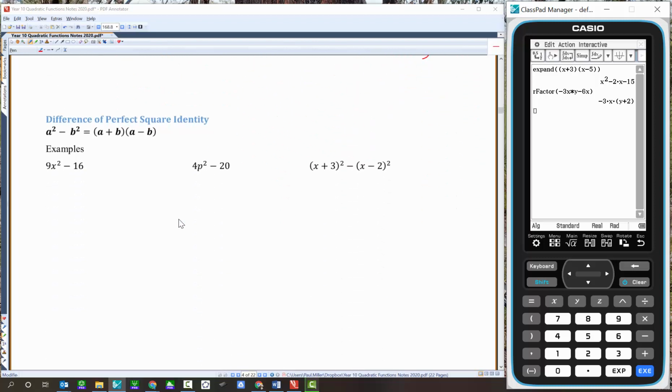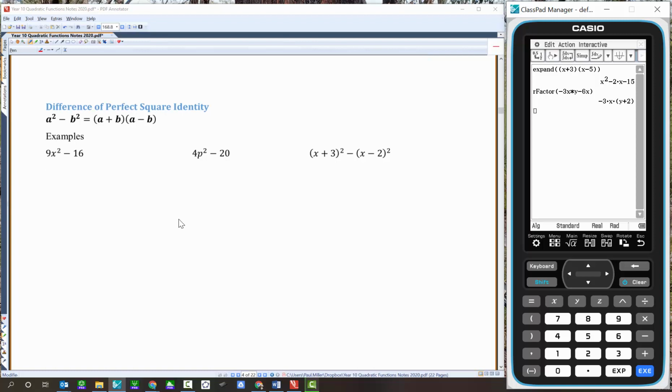To factorize these, we'll need to consider what we call the perfect square identity, the difference of perfect squares that we saw in the last lesson. What we're going to notice is that we've got 2 terms.